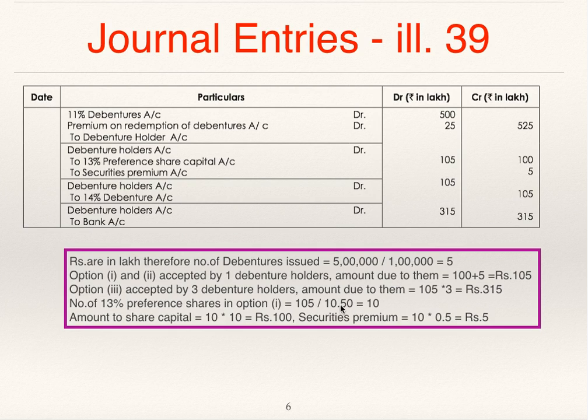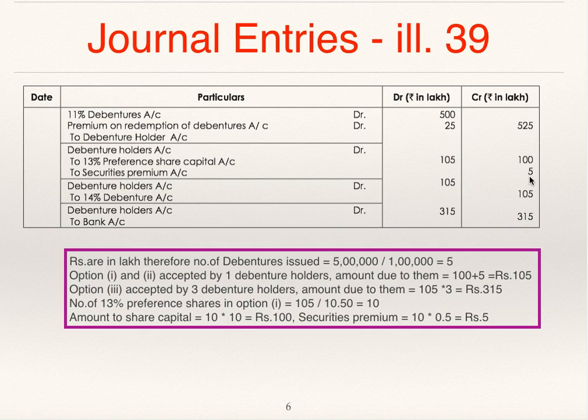So 105 divided by 10.5, number of 13% preference shares is 10. So preference share capital will be 10 into 10, 100 and securities premium will be 10 into 50 paisa, which is equal to 5 rupees. So debenture holders account debit 105 to 13% preference share capital 100 to securities premium account 5.